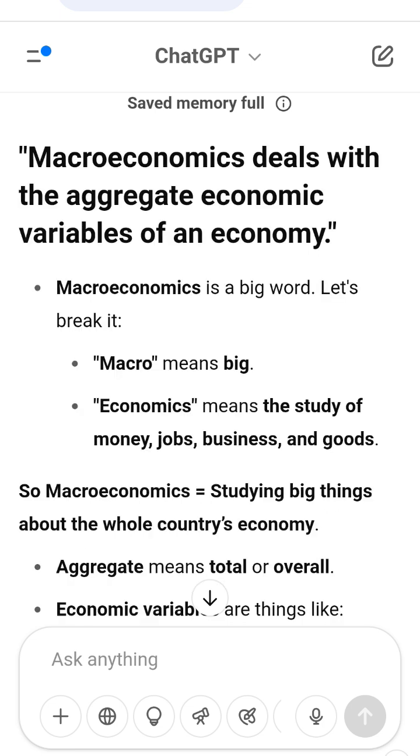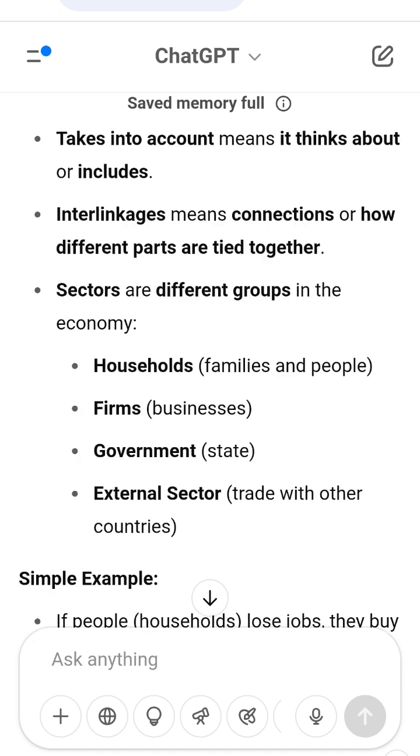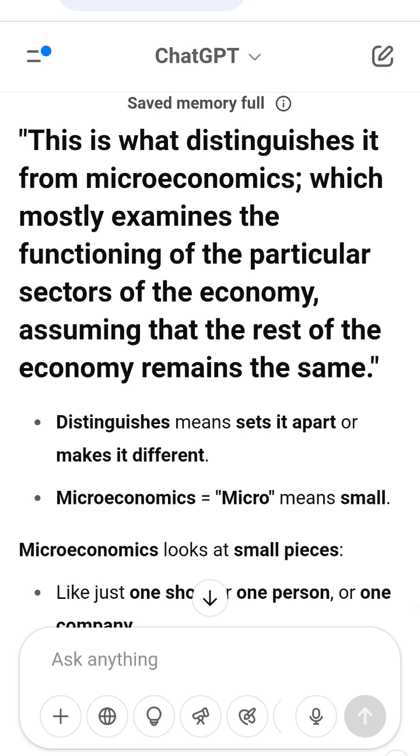Hence, it may not be entirely able to capture the functioning of a developing country. Hence means because of that. Not entirely able to capture means it may not explain everything perfectly. A developing country is a country that is still growing, it may have more poor people. The government may own more things like factories or banks.